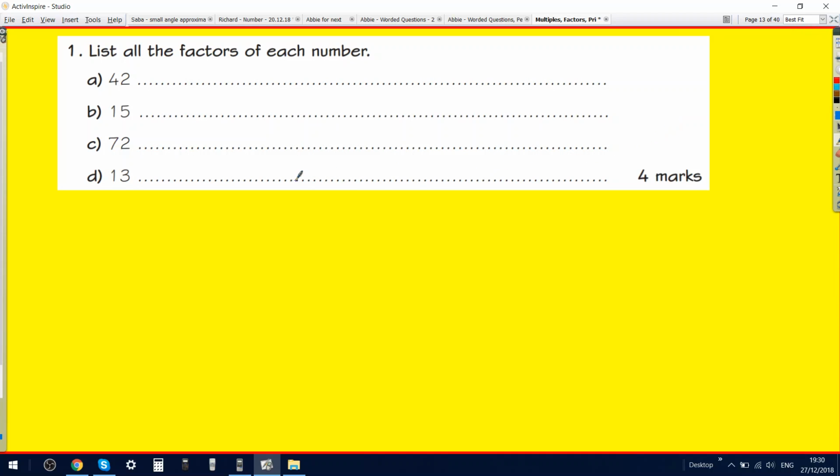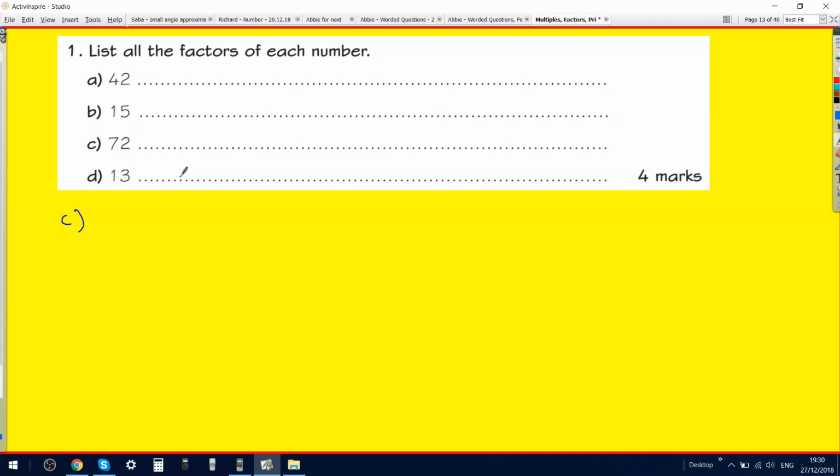List all the factors of each number. Let's just do C and D. So for D, 13. So what times what makes 13?